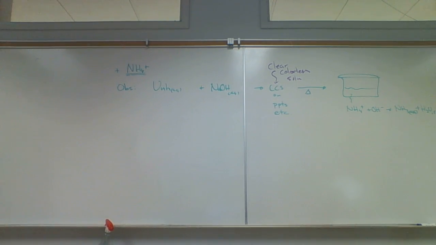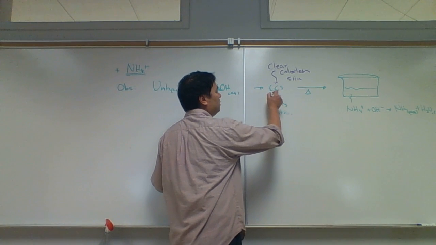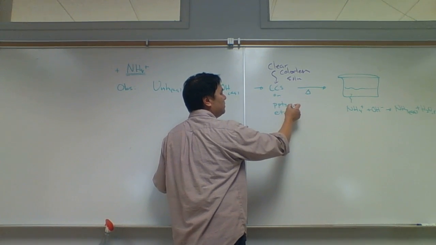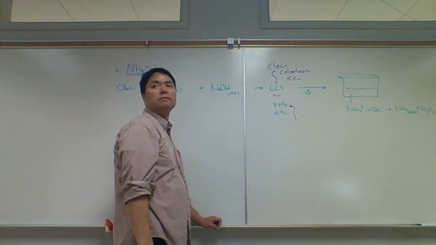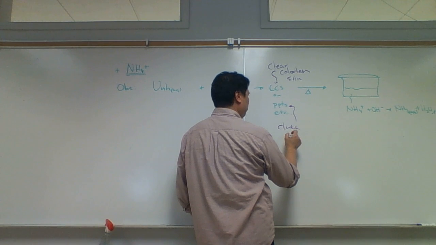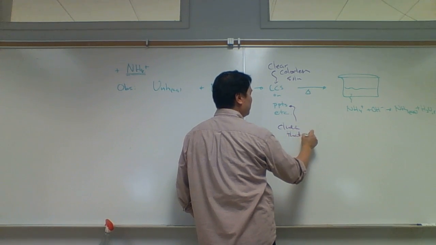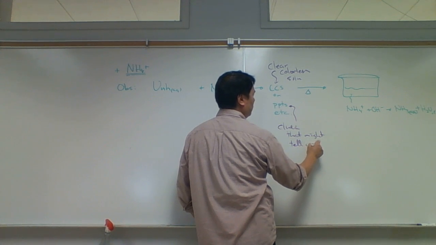But if you had iron, you'd get brown precipitates; nickel, you'd get green precipitates. So you could have other things. These precipitates and color changes can give you clues that might tell you what other ions are present.